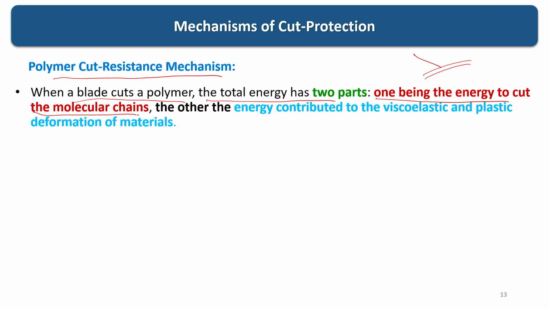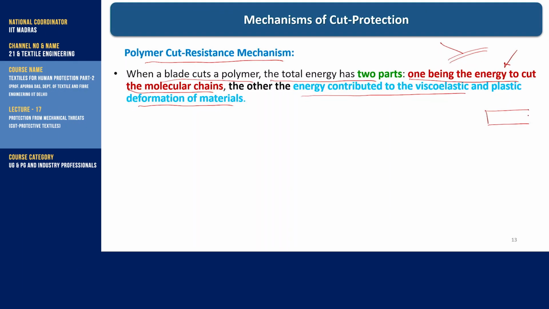Polymer is made of molecules, so the molecular chain has to be cut, and that energy is required. The other is the energy that contributes to viscoelastic and plastic deformation of the material. So, this is a polymer, made of molecules.